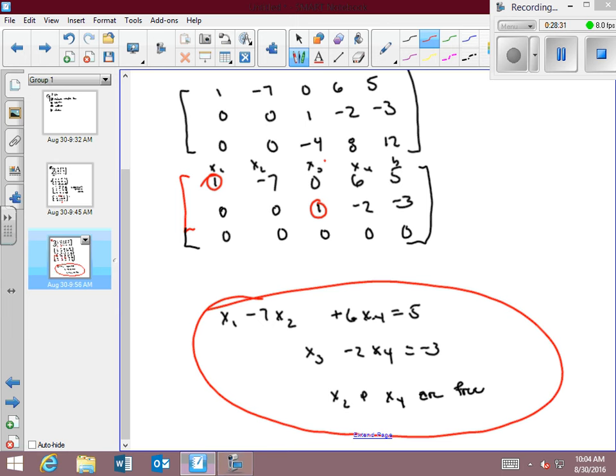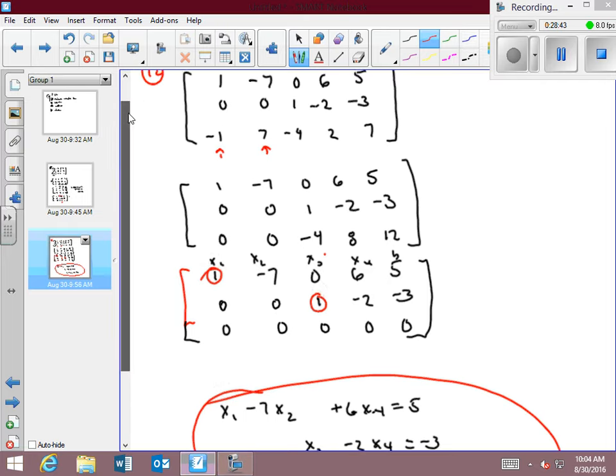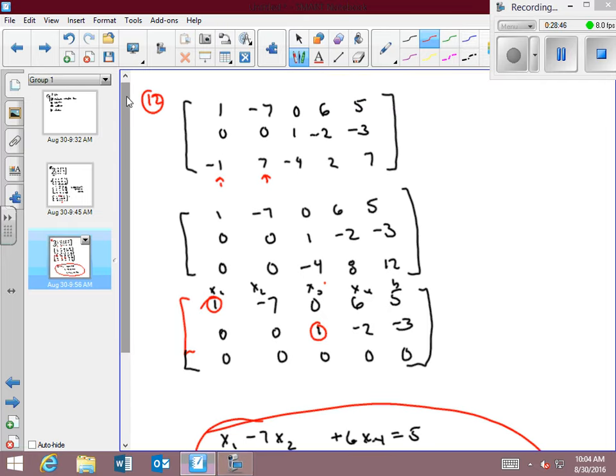That makes sense? So if you're talking about where's the pivot in the final one, where's the pivot in the initial, they're still in the same position. This one and this one were the pivots, right? In the original equation. Because it's the same row and same column.